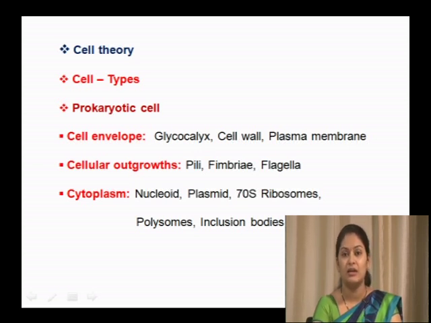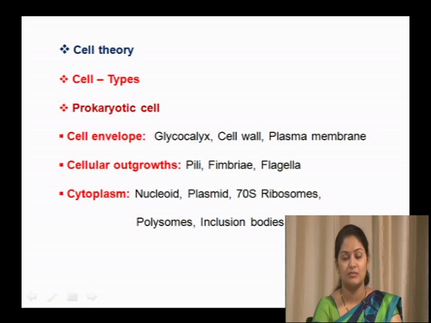Pilin is encoded by genes present on the plasmid DNA, whereas fimbriae are made up of a protein called fimbrilin, and their genes are present on the DNA of the nucleoid. And third comes the flagella. Flagella are motile structures, or structures helping in motility, and they are much longer or larger compared to pili and fimbriae.